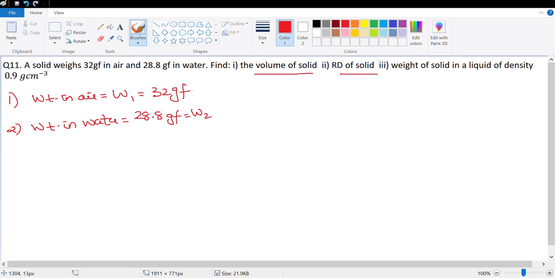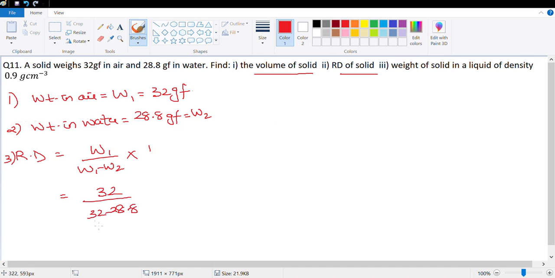So we know relative density would be equal to W1 upon W1 minus W2 multiplied with relative density of water, which is 1. So W1 is 32 upon 32 minus 28.8.